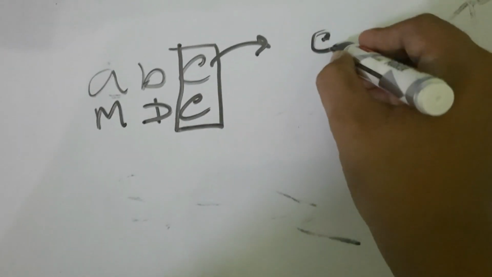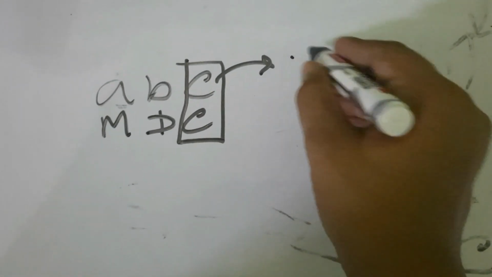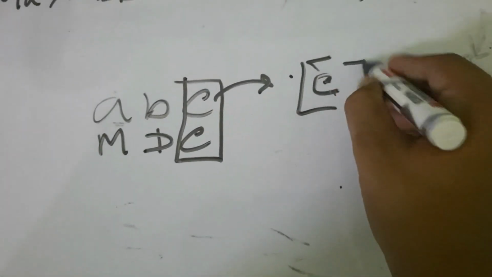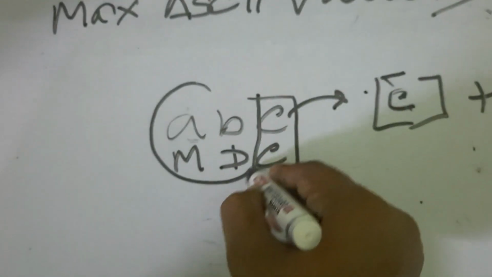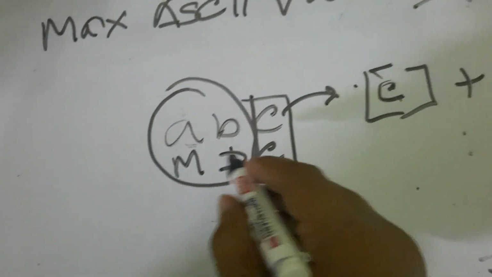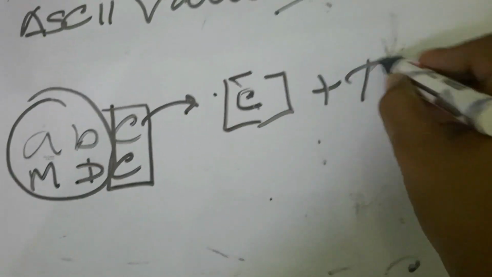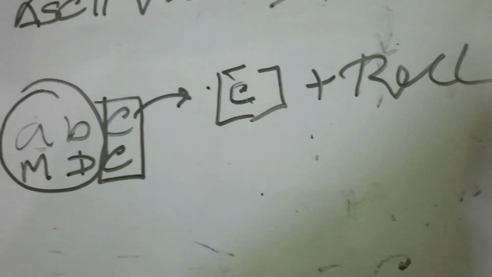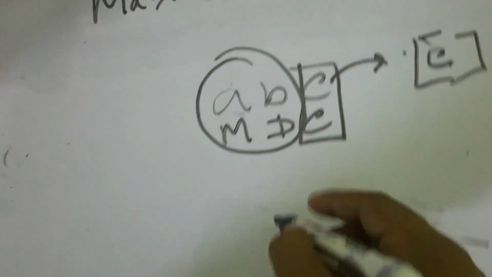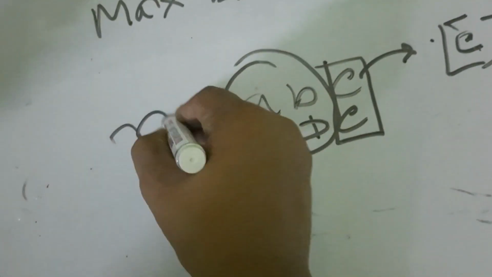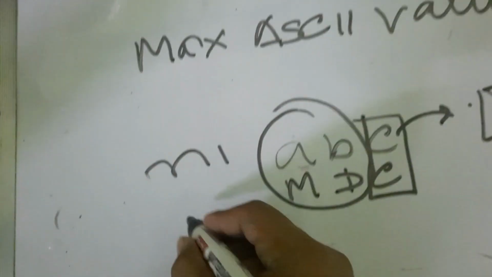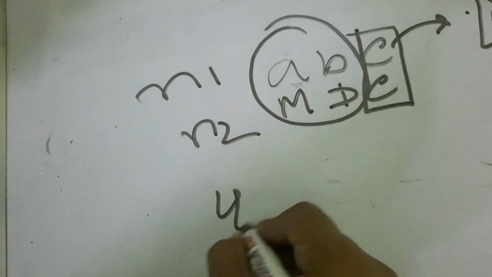So we are going to add the ASCII value of that character plus what can be obtained from the recursion function of the remaining part. So how can we do that? Suppose the length of this is n1, and this is the same as the longest common subsequence problem. The length of the other is n2.